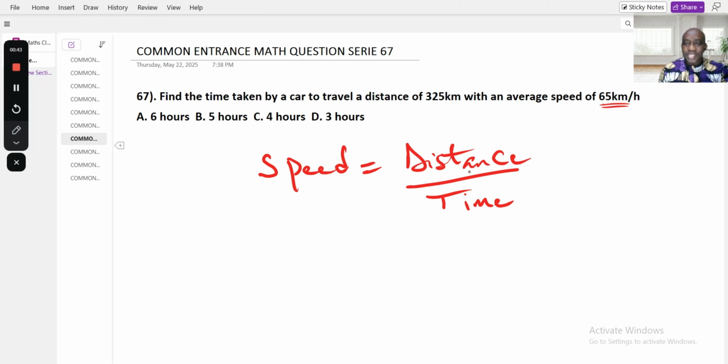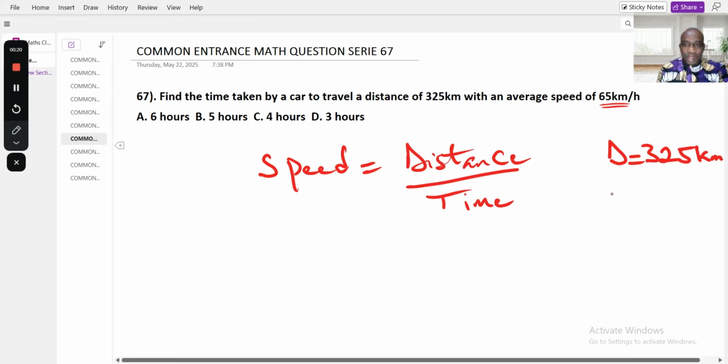What the question is asking us now is this: the question has given us kilometers. 65 kilometers per hour is speed. Anything in kilometers is a distance. 325 kilometers is a distance. Therefore, our distance d is what? 325 kilometers.